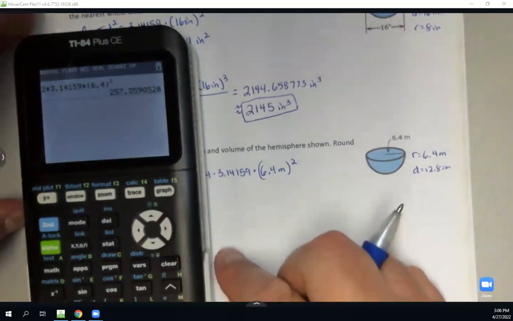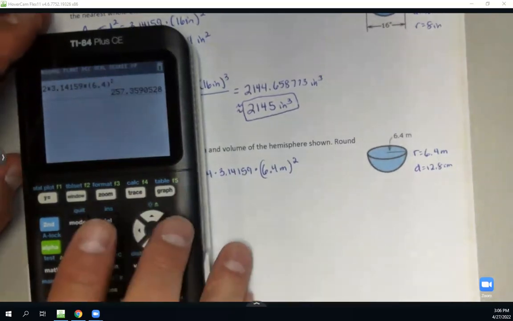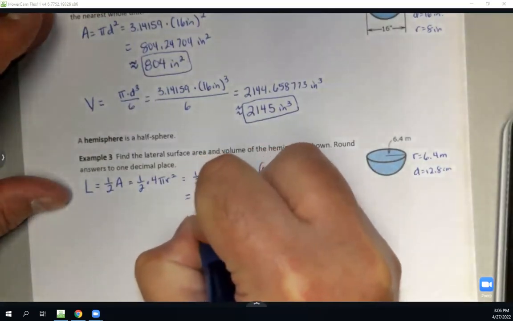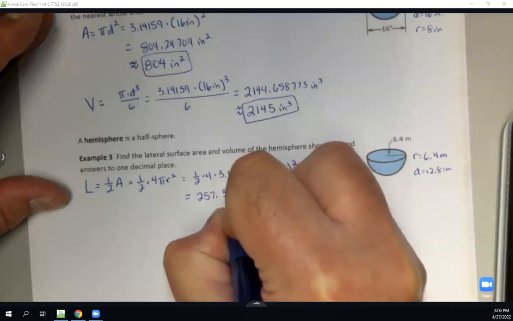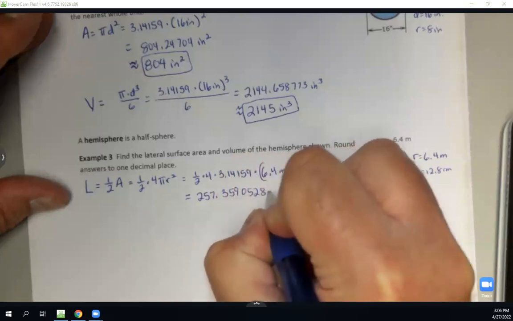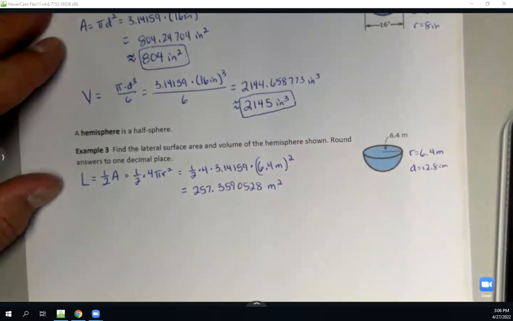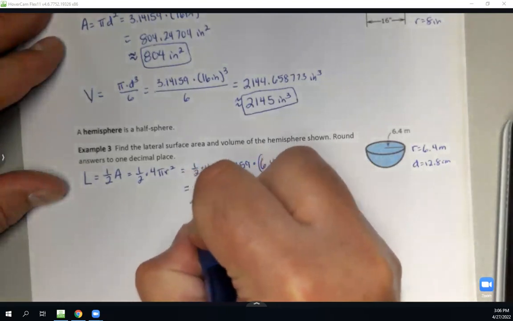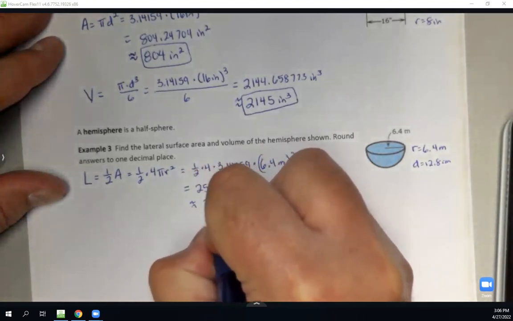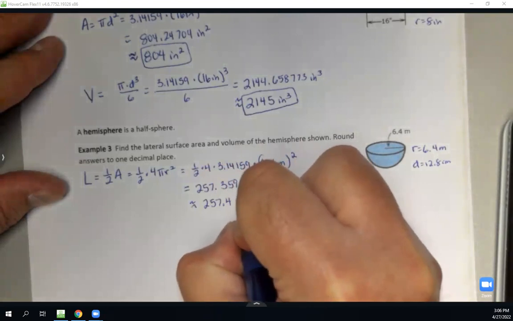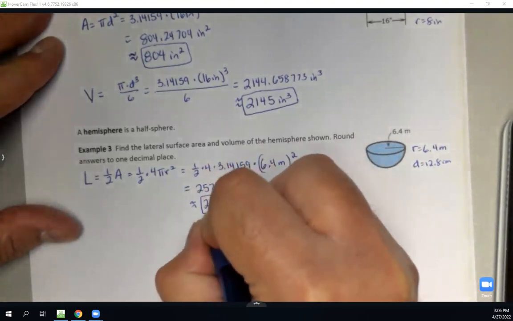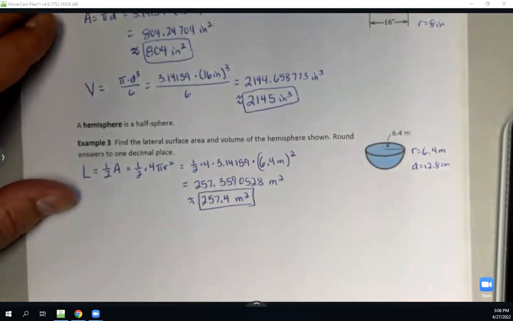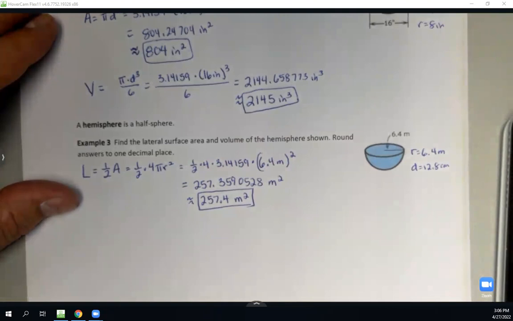So that all together is 257.3590528. And the units will be square meters. And so now if I round to the 10th, that would be about 257.4 square meters. Not too hard.